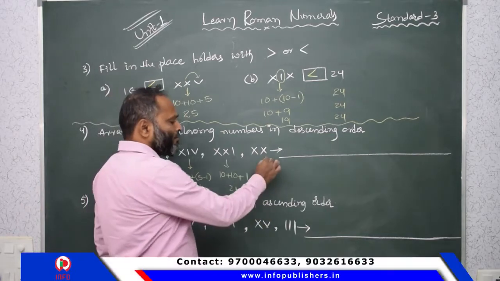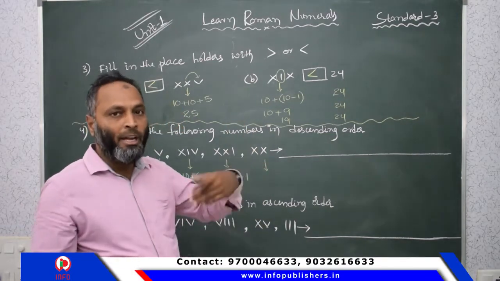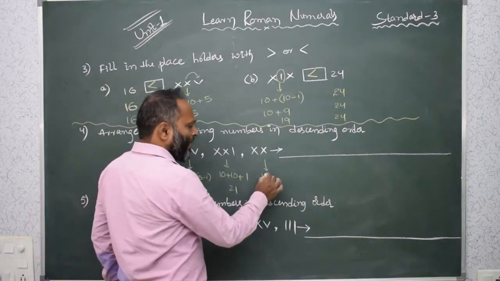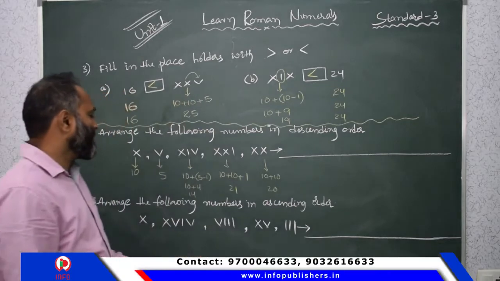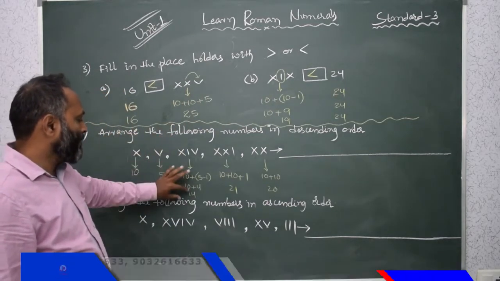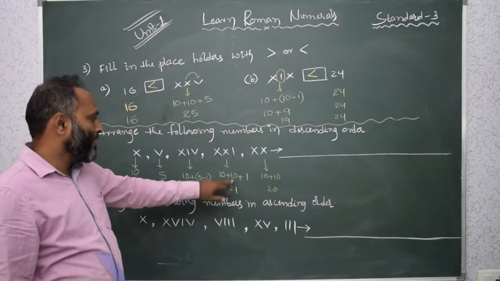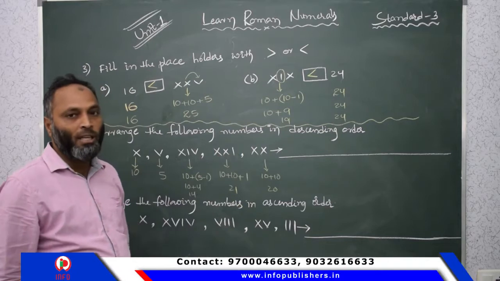Then here the Roman numeral repeats two times. Repeat means add: 10 plus 10, 20. So the first one is 10, the second is 5, the third is 14, the fourth is 21, the fifth is 20.